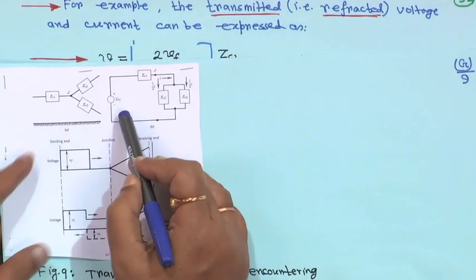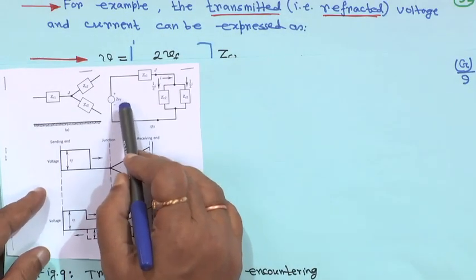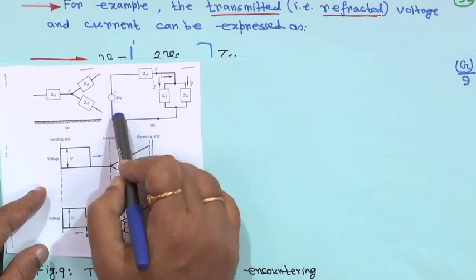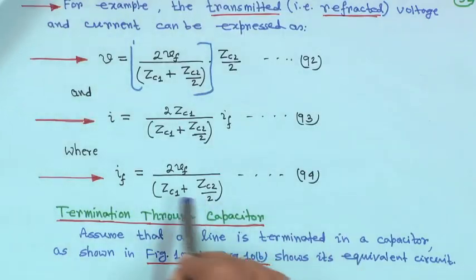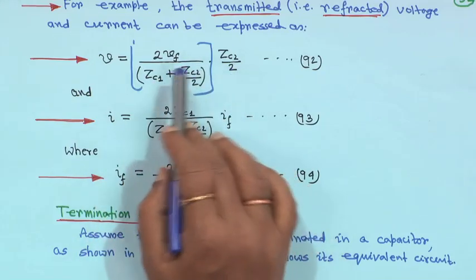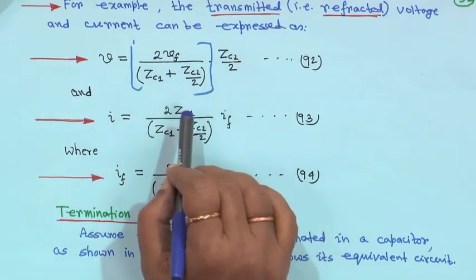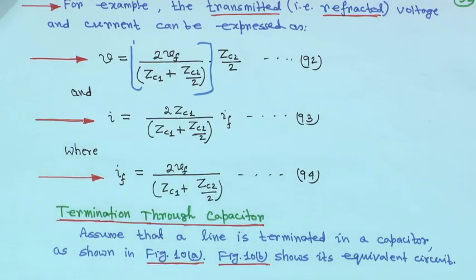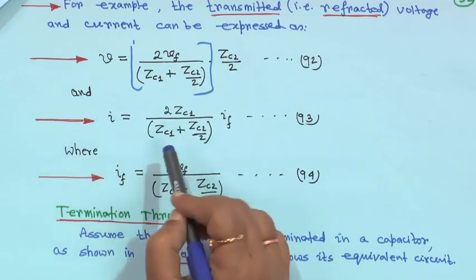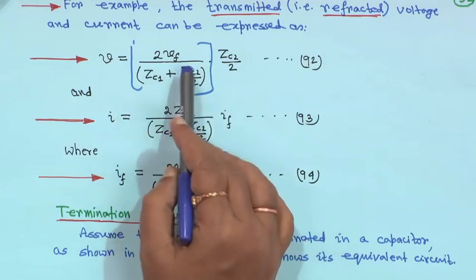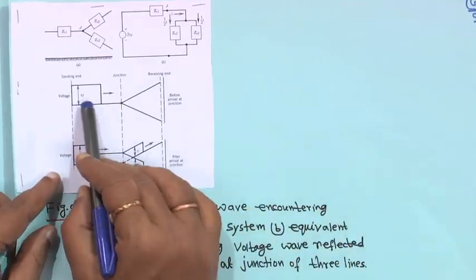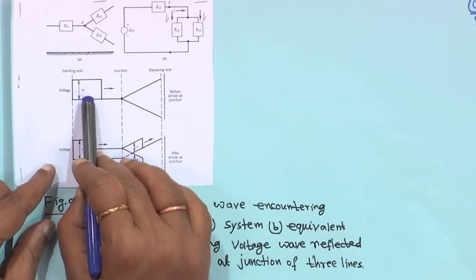That is why in this diagram IF is equal to 2 Vf divided by ZC1 plus ZC2 by 2, because these two are in parallel. These things were derived in terms of ZC1 and ZC2 for two overhead line connections, or an overhead line and a cable connection.